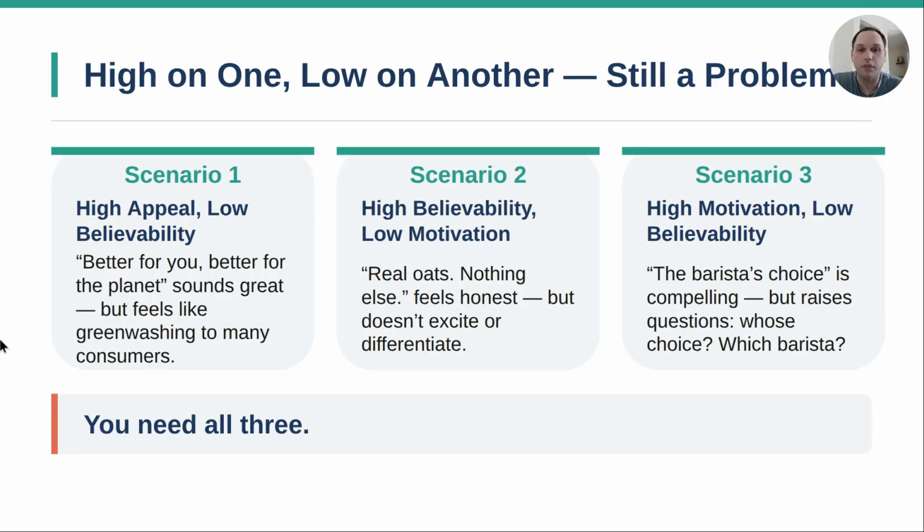Scores very high on believability. It feels honest and transparent. But it doesn't excite anyone enough to make them want to switch brands. High believability, low motivation, also a problem. And the barista's choice is compelling and motivating, but it raises questions immediately. Whose choice? Which baristas? High motivation, low believability. You need all three working together.